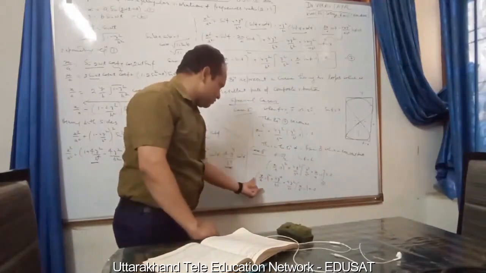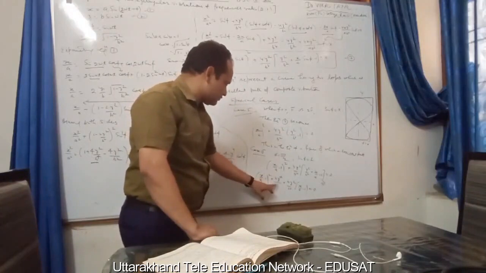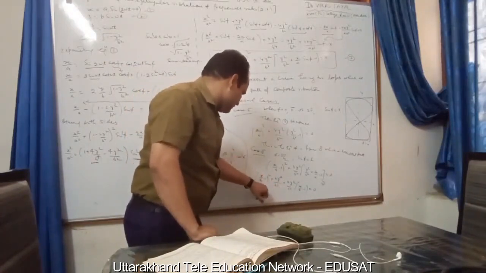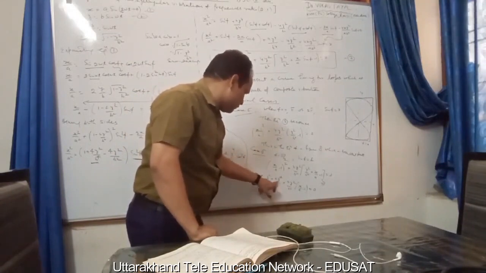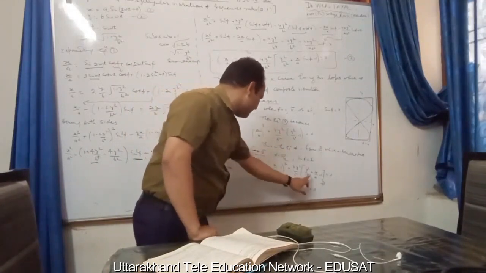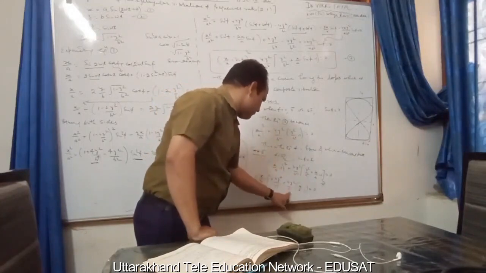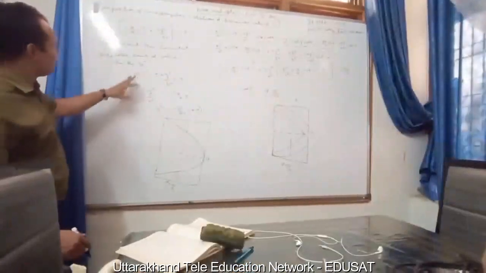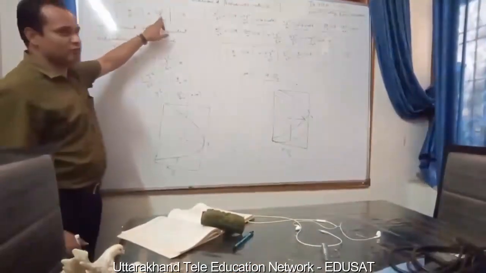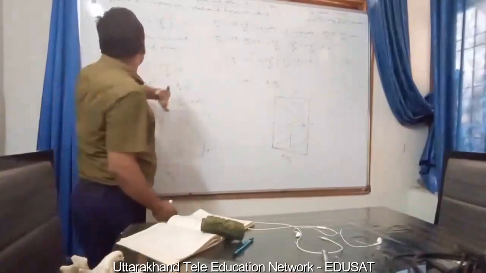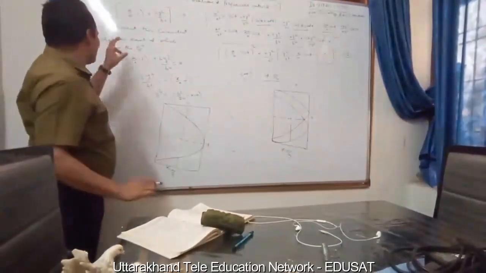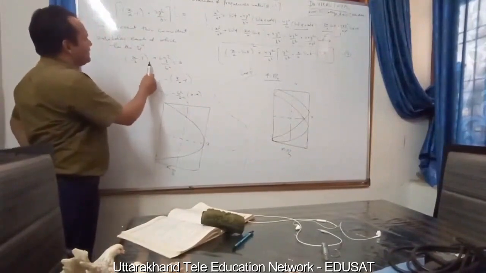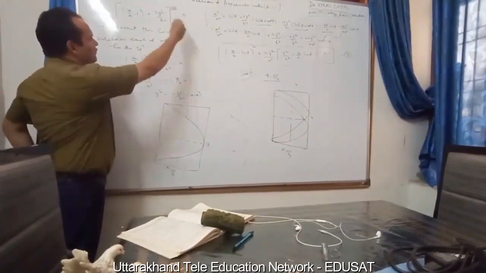So this equation will reduce to x upon a minus 1 whole square plus 4y square upon b square times y square upon b square, x minus 1 as it is. Now the main equation: x upon a minus 1 plus 2y square upon b square whole square is equal to 0. So this represents two coincident parabolas, each of which has the equation x upon a minus 1 plus 2y square upon b square is equal to 0.